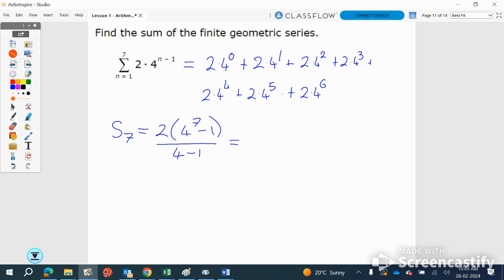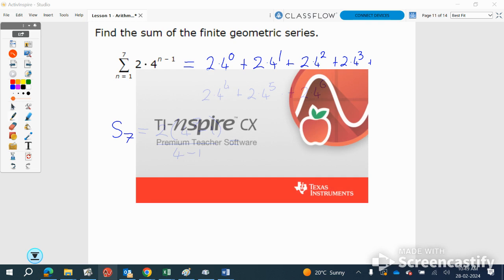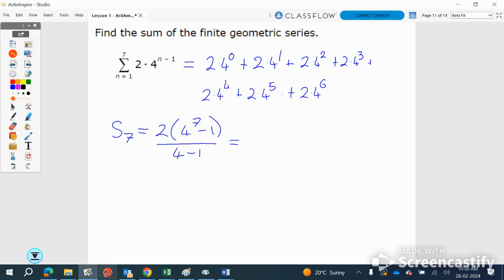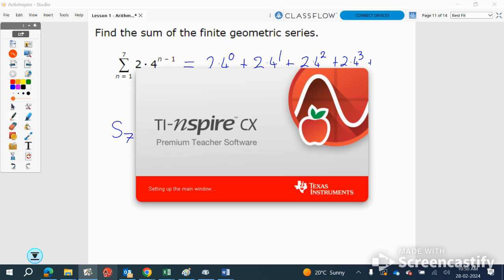Did you pay any attention to the formula when we proved it? Yeah, but R minus 1. Yeah, I know, but I didn't feel why. R is 4. Oh. What's 2 times 4?